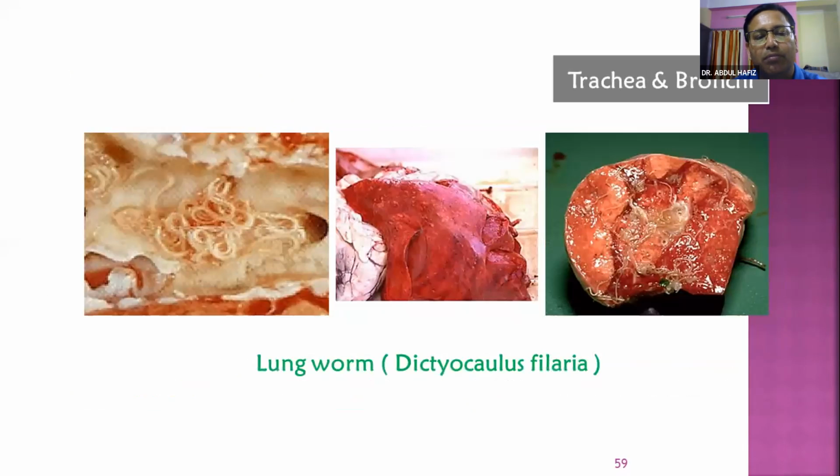This is the lungworm I have told about already, Dictyocaulus filaria and Dictyocaulus viviparus, the longest parasites, 4 to 10 centimeters long. Nowadays lungworm is treated with proper anthelmintics like ivermectin, and irradiated L3 larvae can be used as a vaccine to control lungworm infestation.